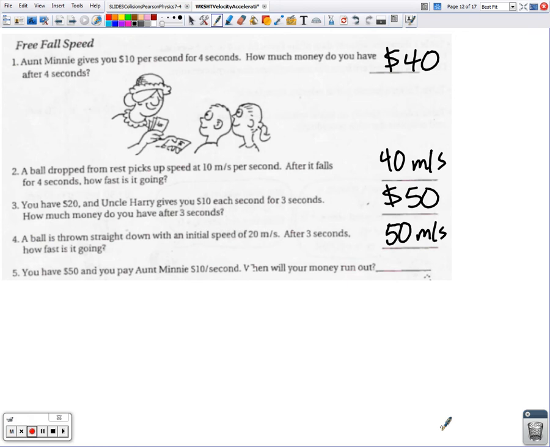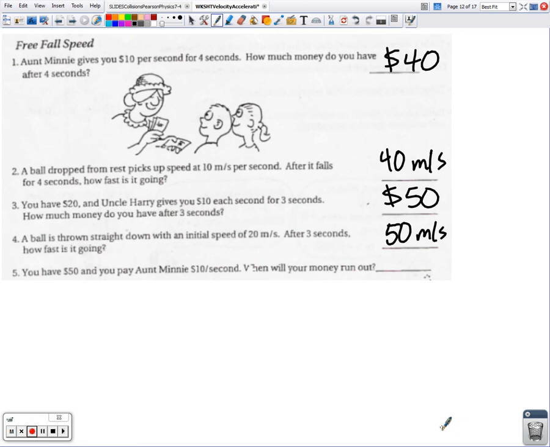So, let's talk, right? Gravity changes the velocity of an object by 10 meters per second for every second. Are we good with that? At least that we've talked about that, right? That's what acceleration is, a change in velocity. Gravity changes the velocity by 10 meters per second for every second.